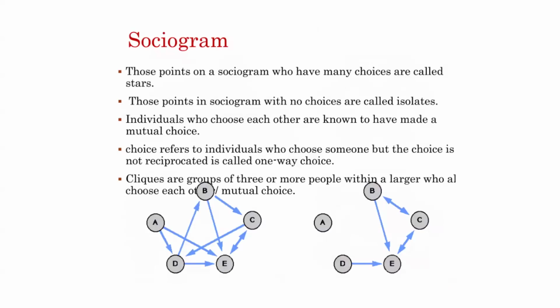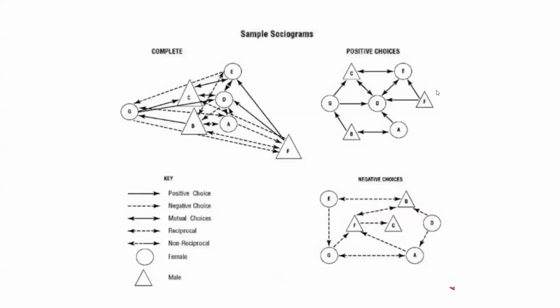Sociogram. We say sociogram. Those points on the sociogram who have many choices are called the stars. According to this picture, who is the star? That means all like him in the classroom, he or she. Here, according to the picture, it's a girl.